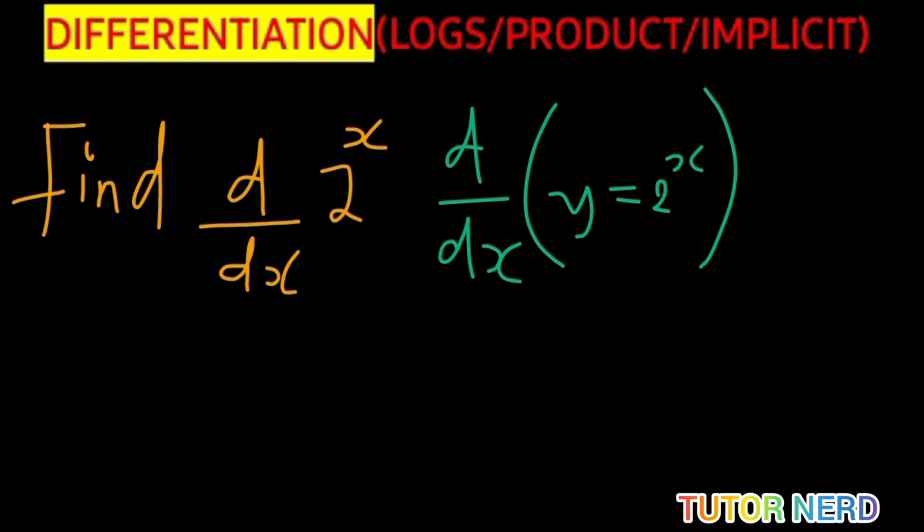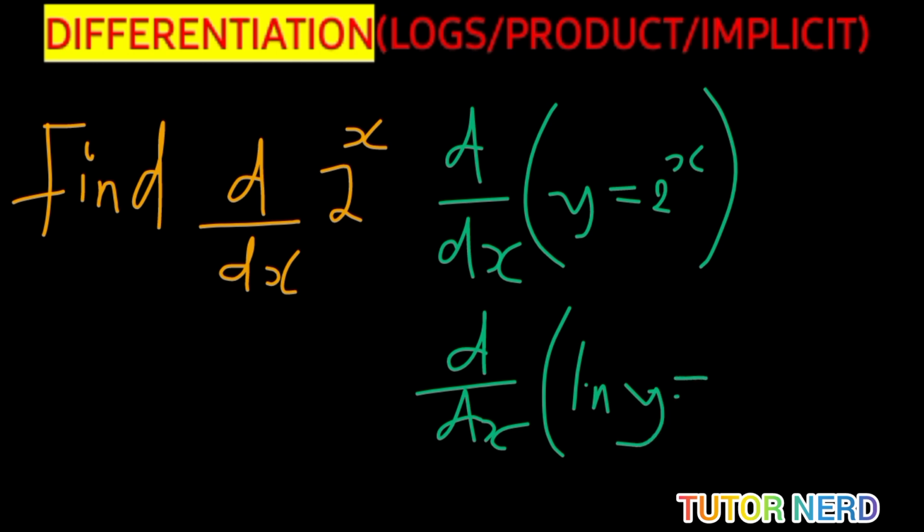So we introduce ln to the y part and to the 2 to the power x part. So we have d over dx, open bracket, ln of y being equal to ln of 2 to the power x.